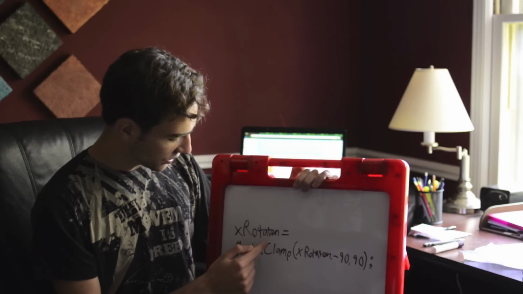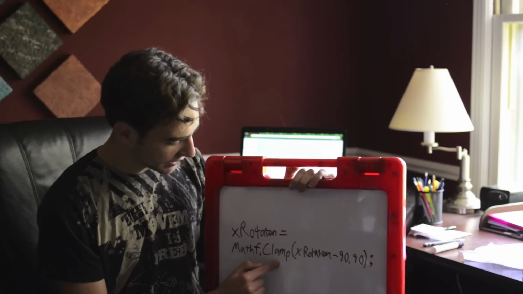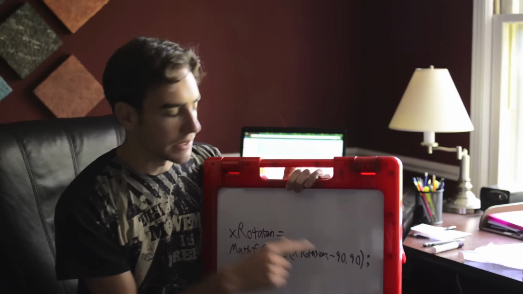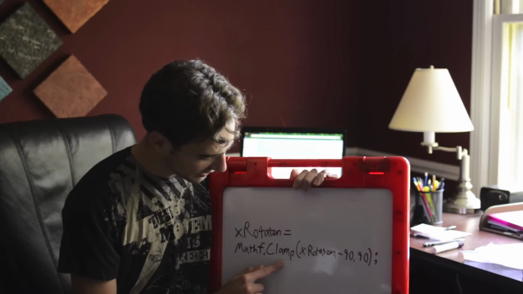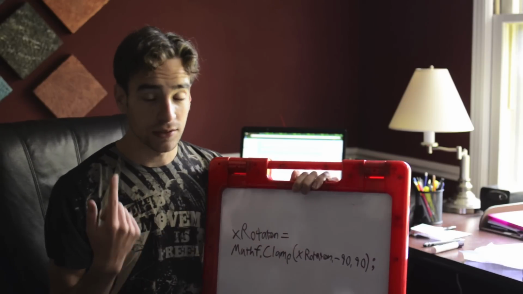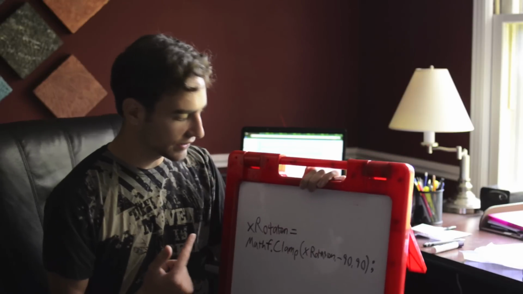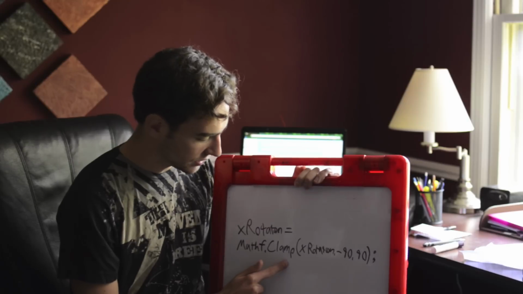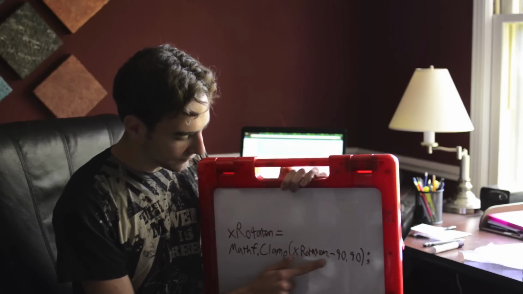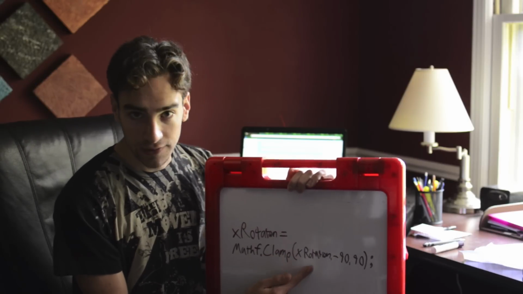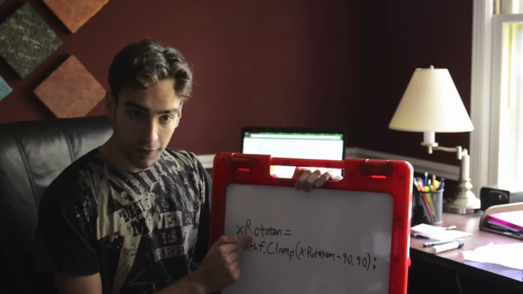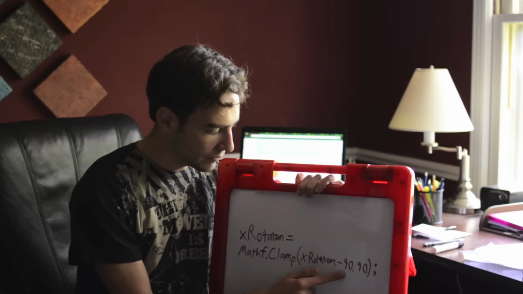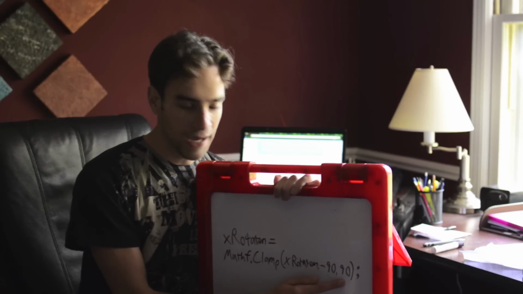We have x rotation equals Mathf.Clamp(x rotation, -90, 90). So what Mathf.Clamp does is you give it three float variables, and then it'll give you a variable back. Basically it's going to clamp the first variable that you give it, and we gave it x rotation, which is the same thing as what we're affecting here. The second variable you give it is the minimum, and the third variable is the maximum.